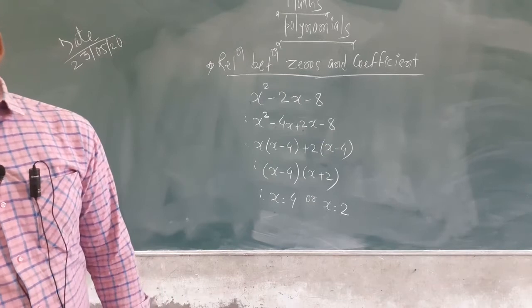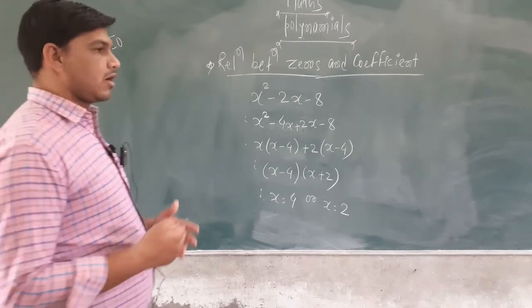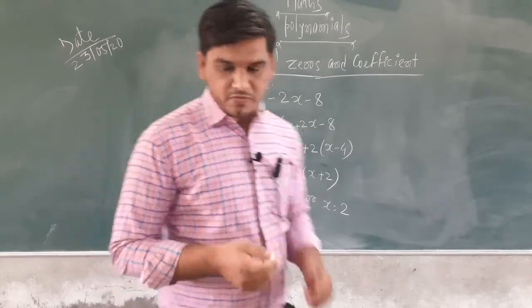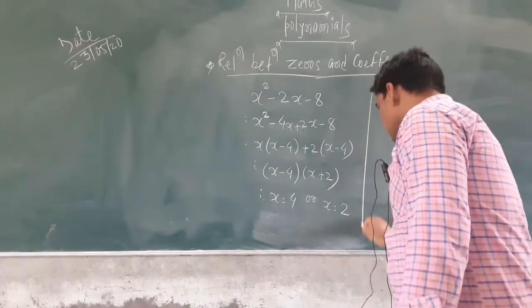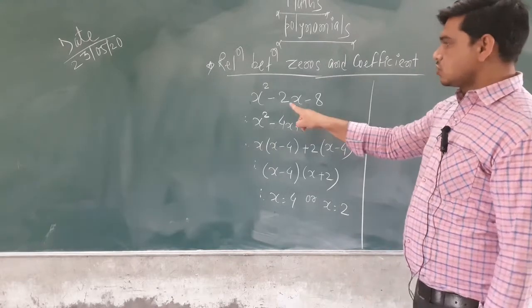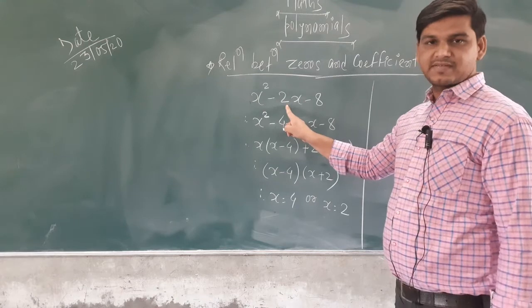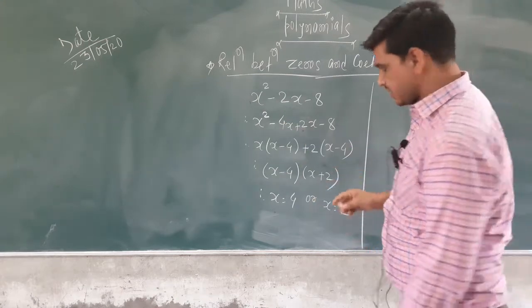Now, for verification, how can we check the relationship between the zeros and the coefficients? To check it, first we compare this quadratic equation with the standard quadratic equation.